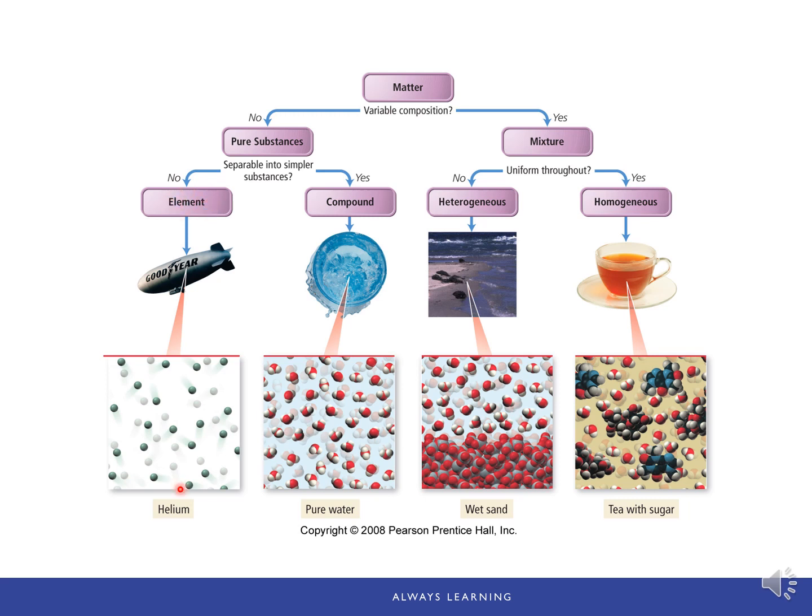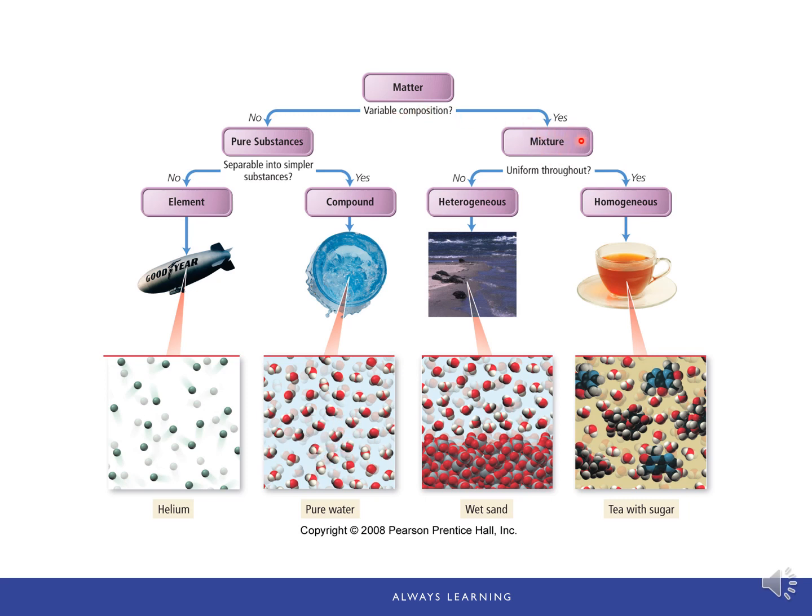For example, helium, just one type of atom, is an element. And a compound, for example, pure water, is a compound because it can be separated into hydrogen and oxygen.